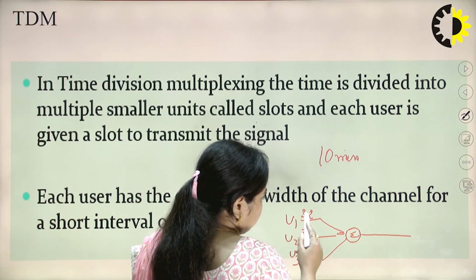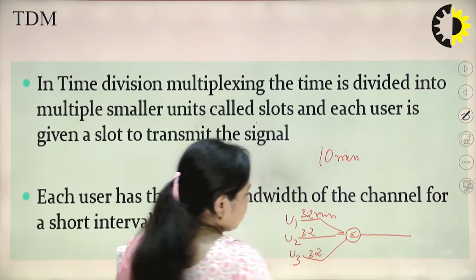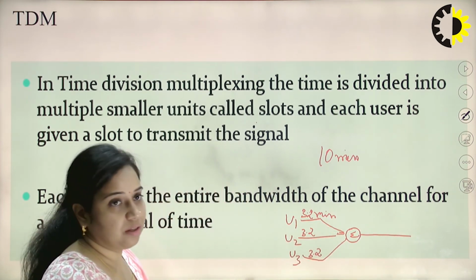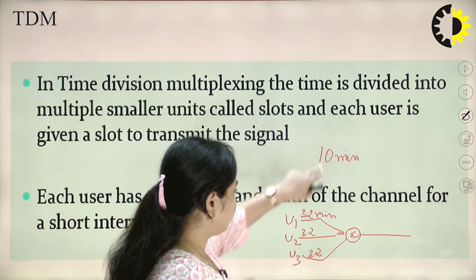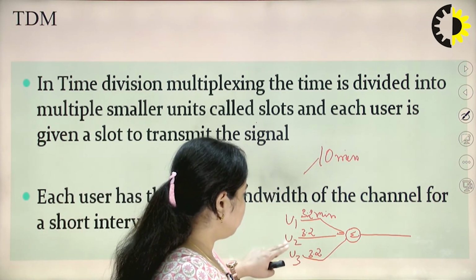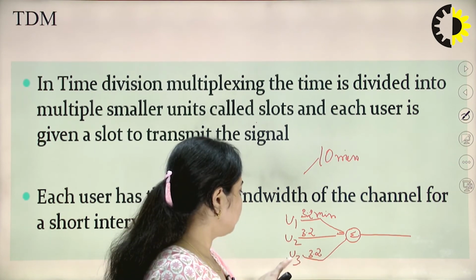So for the first 3.2 minutes, the whole channel will be used by the first user, and for the next 3.2 minutes, the whole channel will be used by the second one, and the same with U3.